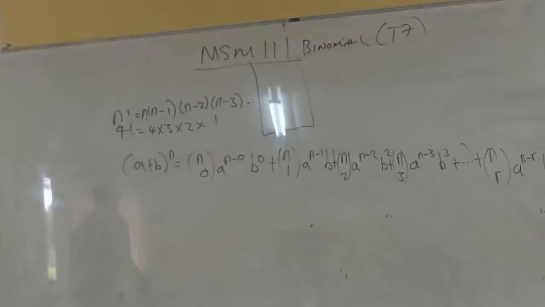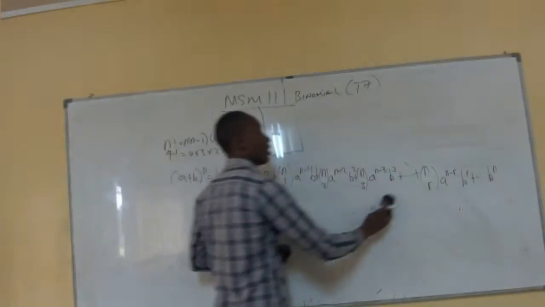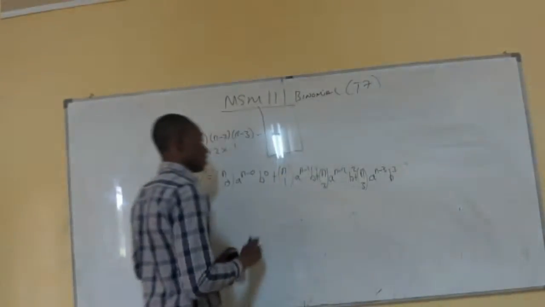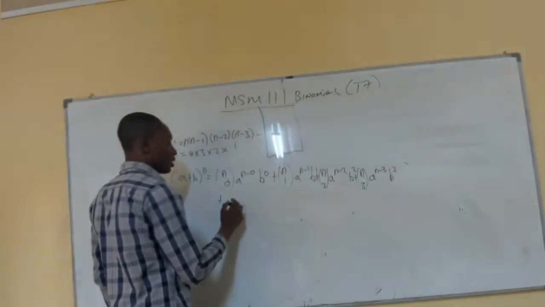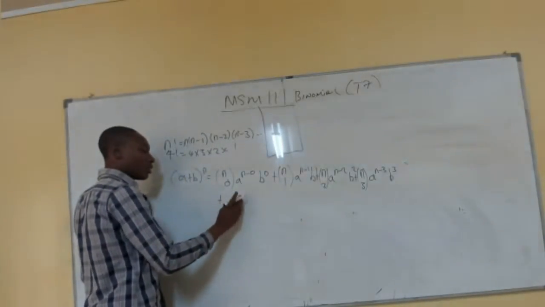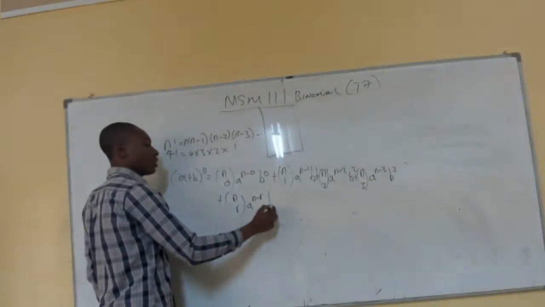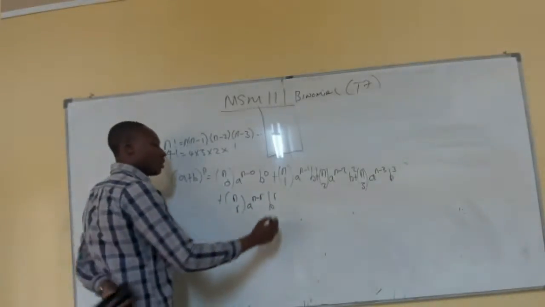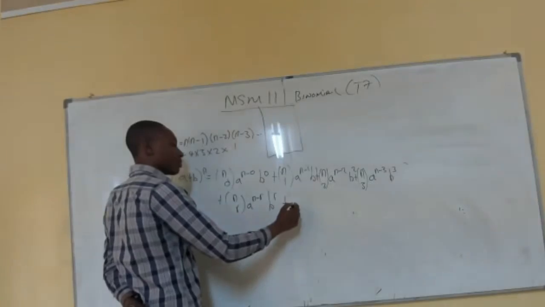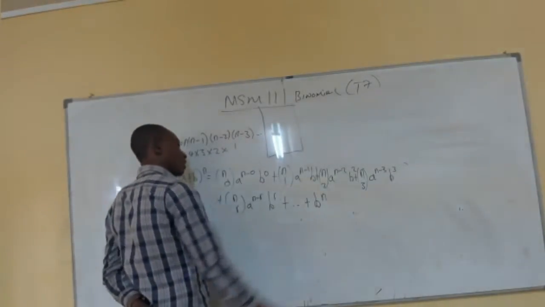Now, when we're looking at these questions, we also have to note, so maybe I'll erase this part so that you see, n choose r, a to the power n minus r, b to the power r, plus b to the power n.